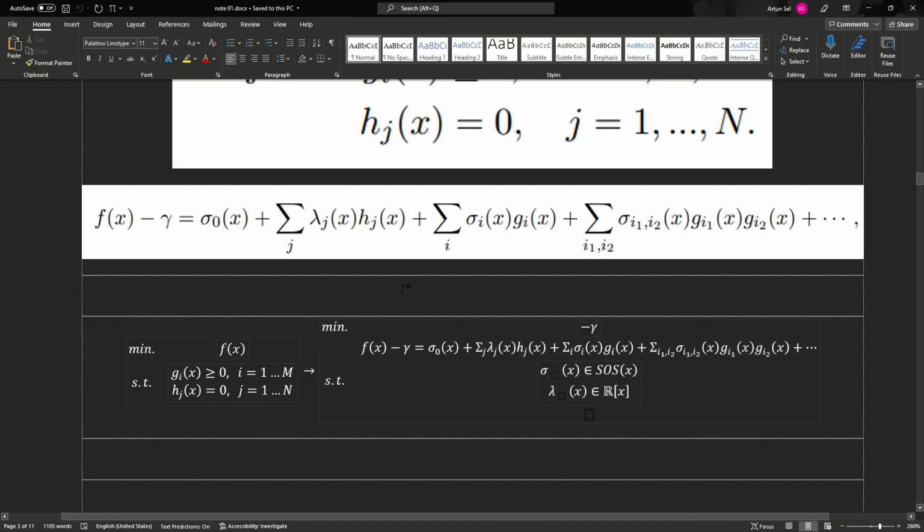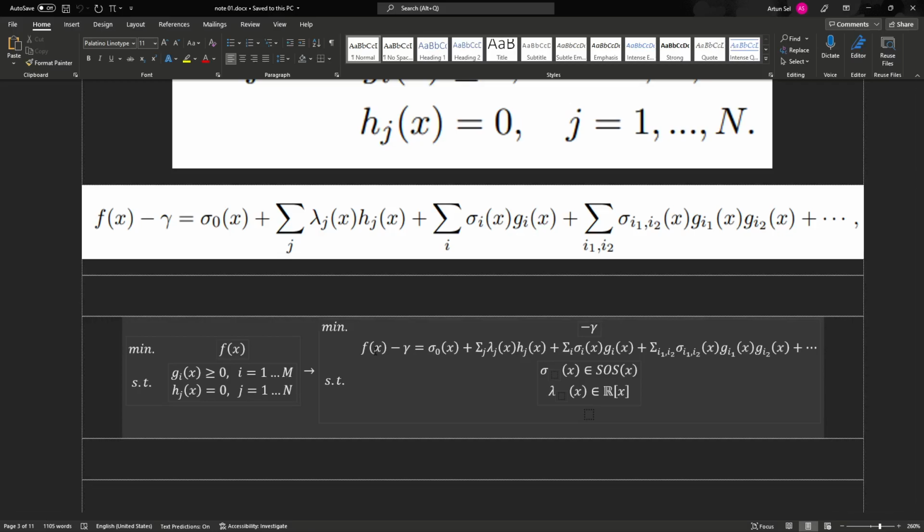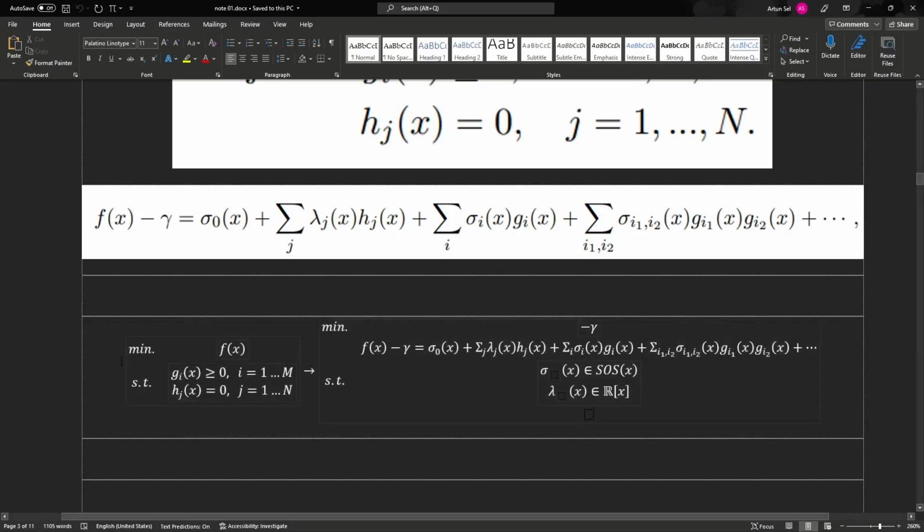This is as general as you can get, and this is where SOS tools shine, right? This basically is all the optimization problems.